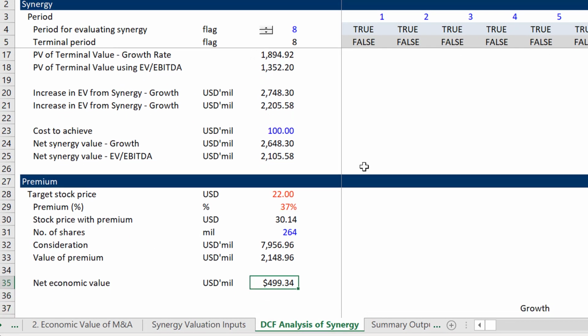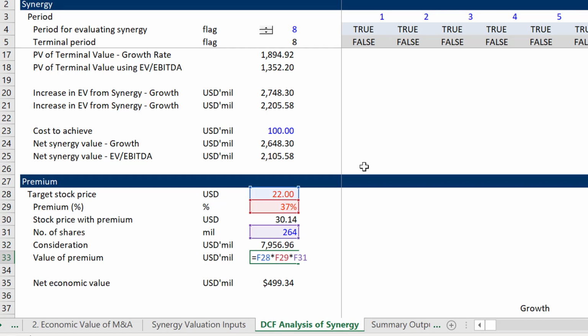But when you take the number of shares the company had and multiply it by the 37% premium, you get a total consideration. The consideration is the amount you pay for the equity of a company.